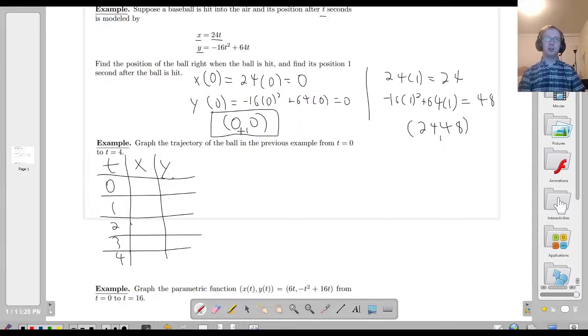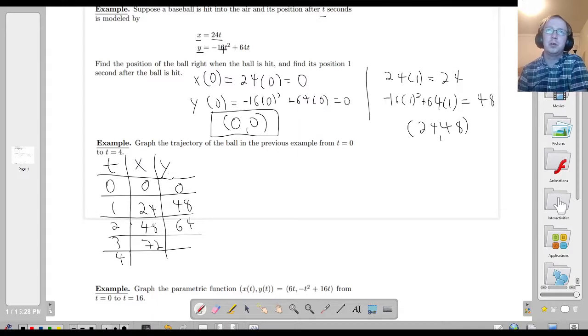So we've already seen when we plug in 0, we get 0, 0. When we plug in 1, we get 24, 48. Let's see what happens when we plug in 2. If I plug in 2 for t, I would get 48. And if I plug in 2 for t in the y equation, I would get negative 64 plus 128, so that's 64. If I plug in 3 for t, that would be 72.